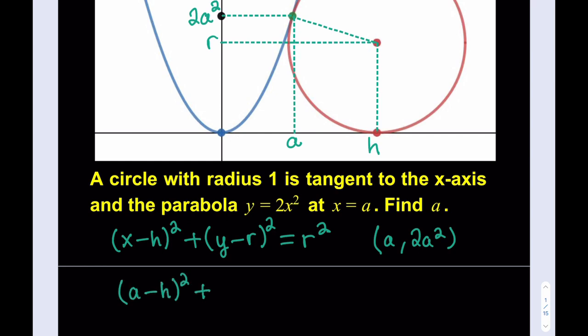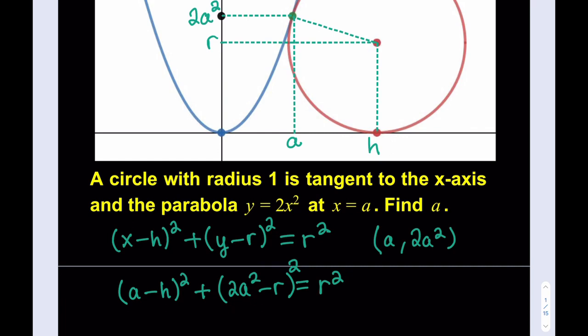And then the y value is going to be 2a squared. Awesome. If you expand this, you're going to get rid of r squared, so on and so forth, but that's not super important at this point. Okay? Now, this gives us a nice equation, doesn't it? Okay, it does. Cool. But we're going to make it cooler. We need to make it cooler because, first of all, what is r, right?